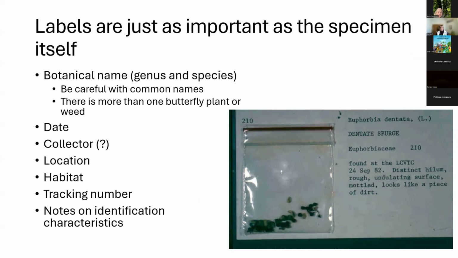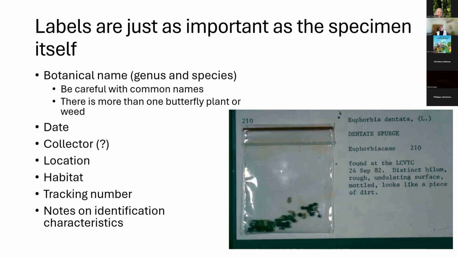In a seed herbaria, just as you would in a seed library, you will have a label associated or attached to the specimen, typically with the botanical name, genus and species, perhaps the family. It was already mentioned that common names sometimes get us into trouble because if you use butterfly plant or butterfly weed as an example, there's a lot more than one.